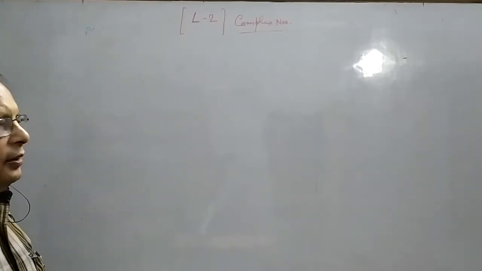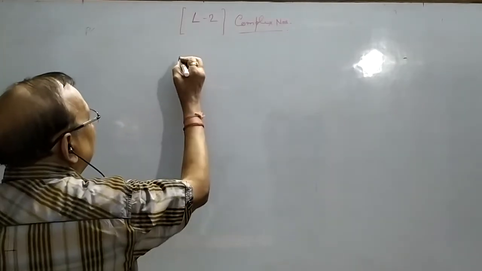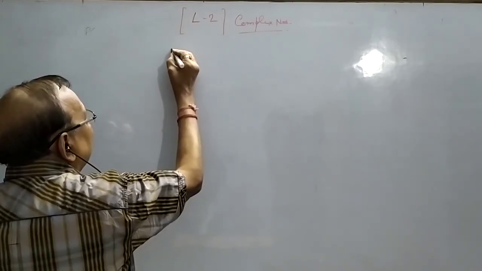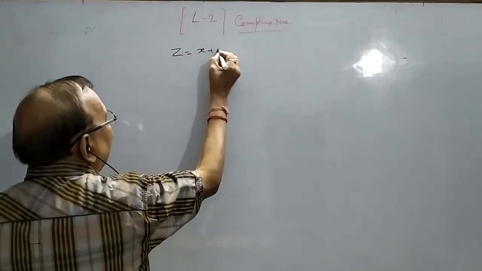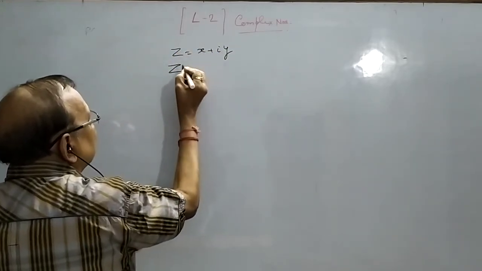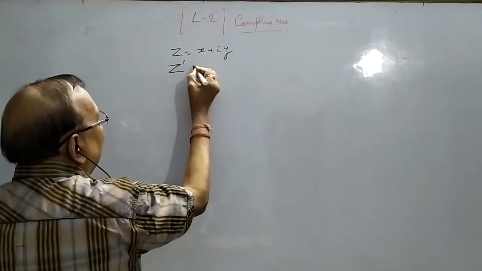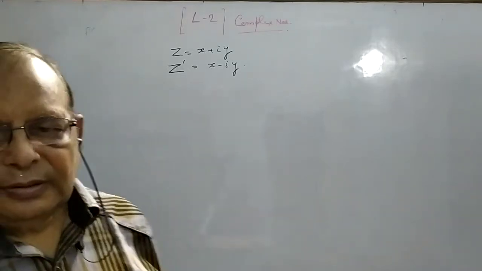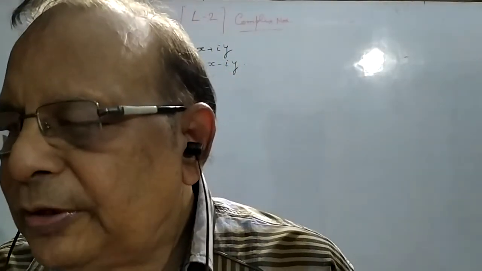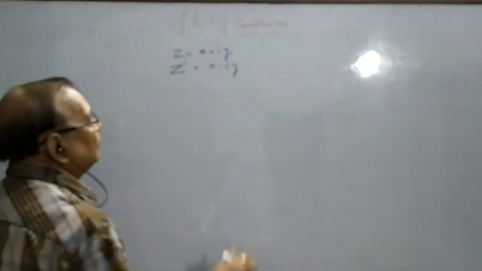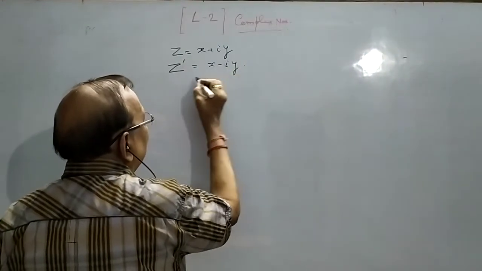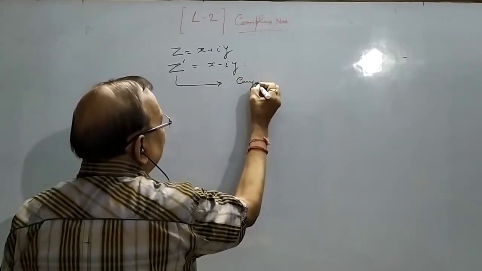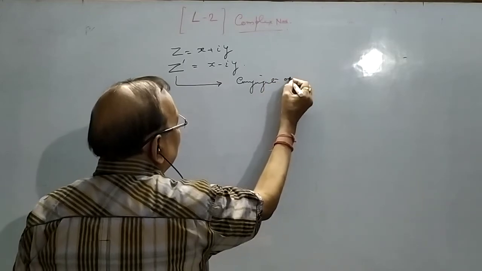Now, I will take some more criteria. Say z is equal to x plus iy and say z dash. I write z dash as x minus iy. That means the imaginary part is negative of the former. That complex number is called the conjugate of z.